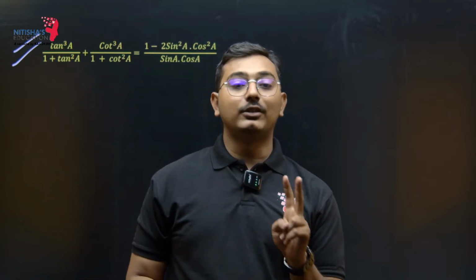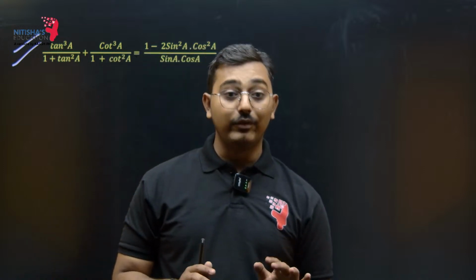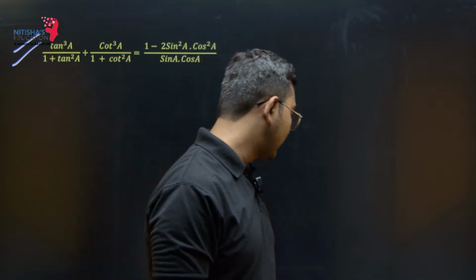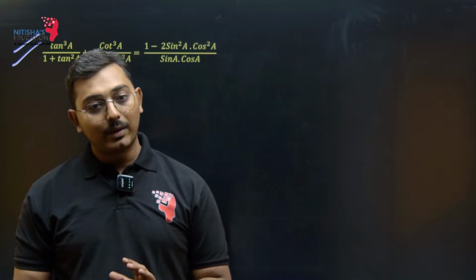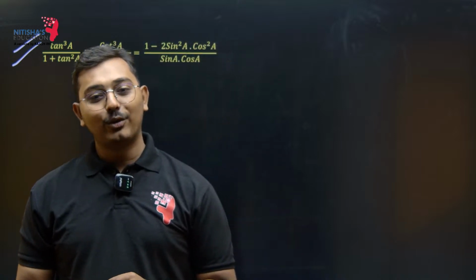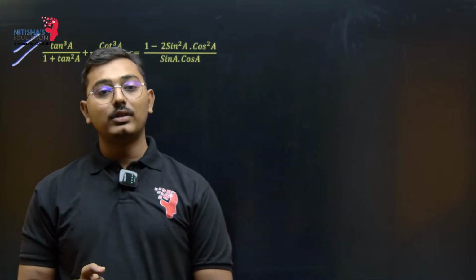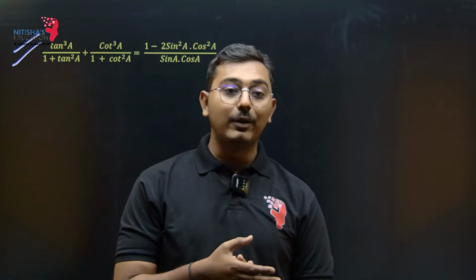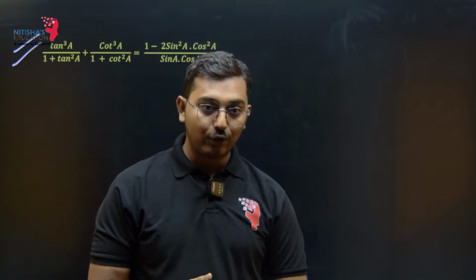Next is trigonometry. It is shown to you as a difficult one, but it is very simple. You just need to go with the flow, and after that you will be able to solve the questions easily. In trigonometric ratios, all the 6 ratios and the relation between the sides of the right angle triangle and the ratios are important.